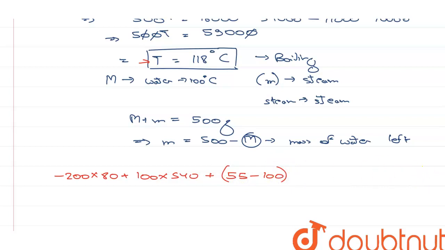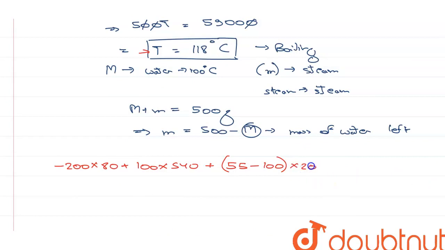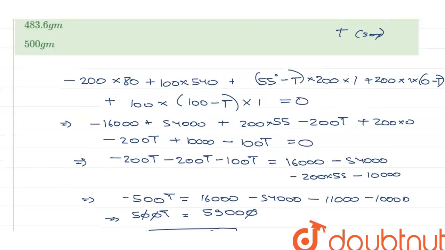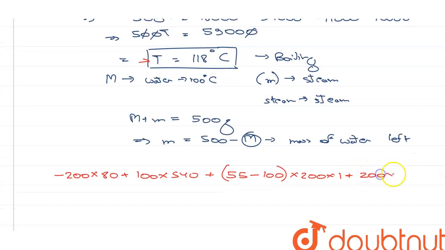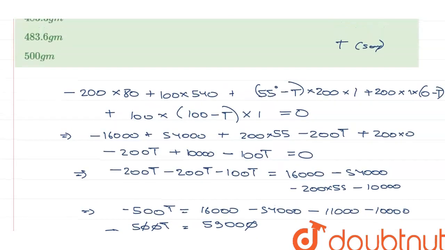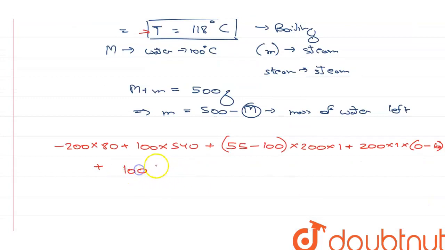So 55 minus 100 into 200 into 1 plus 200 into 0 minus 100, 200 into 1, plus 100 into 100 minus capital T, which is 100.